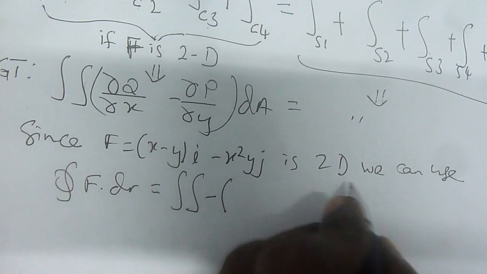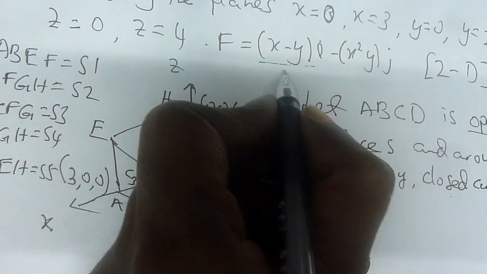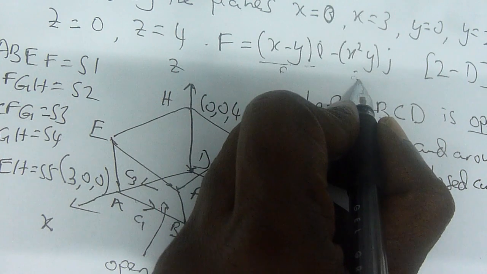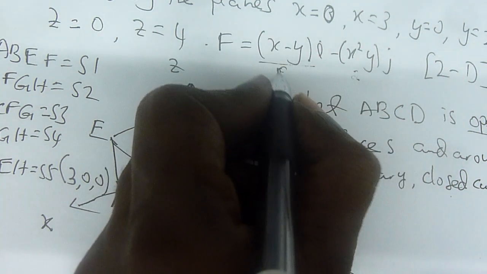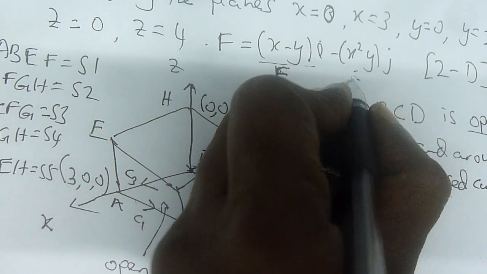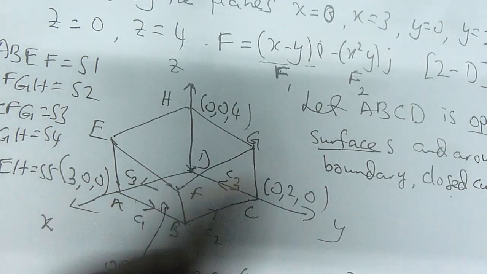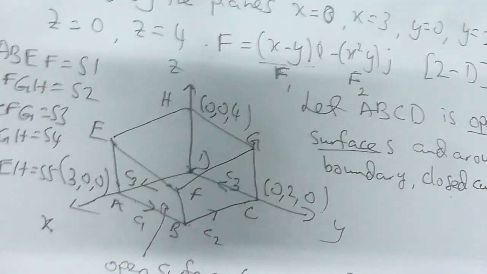Can I say del F? Can I call this PQ? You can use PQ or F1. Maybe I call it F1. No problem, at least you know what I mean by that. F1, F2.